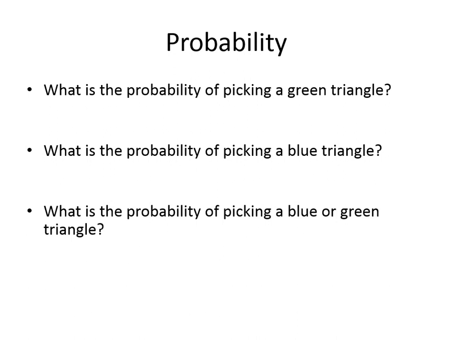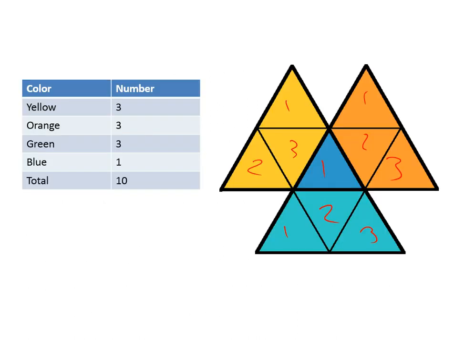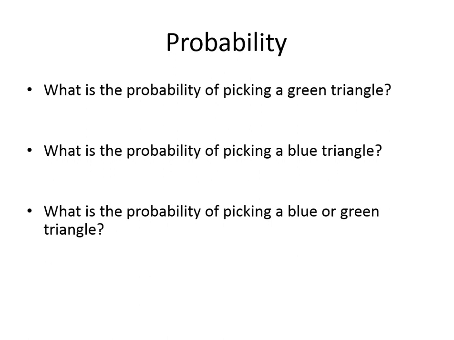So the probability. If we look back on this figure, remember probability is the outcome wanted all over total possible, or total observed, depending on if we're doing theoretical or experimental.